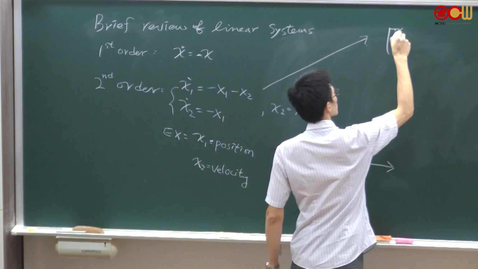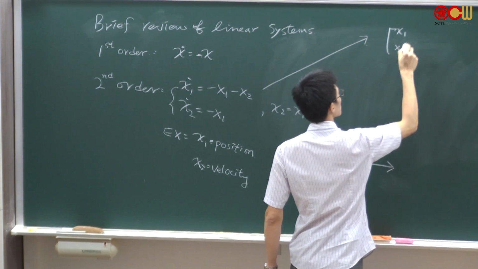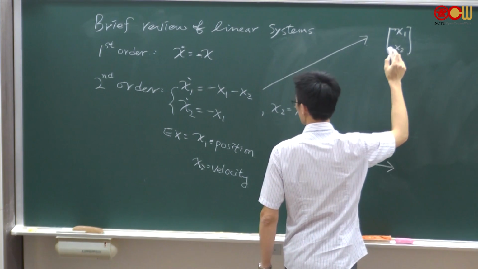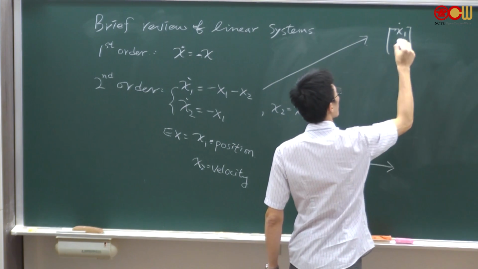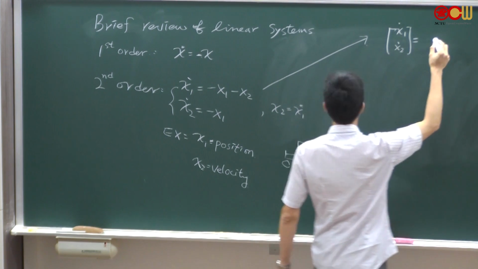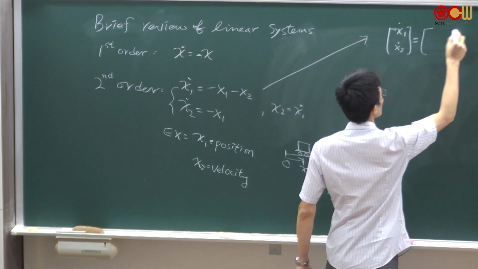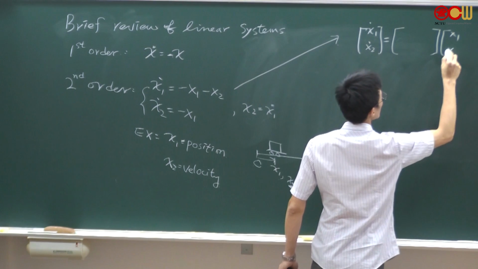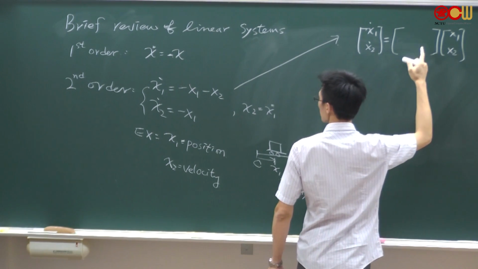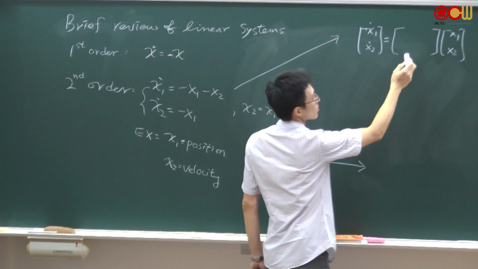So this is one example of a second-order system. Usually written in this way: x1, x2. Okay, so this is a matrix.